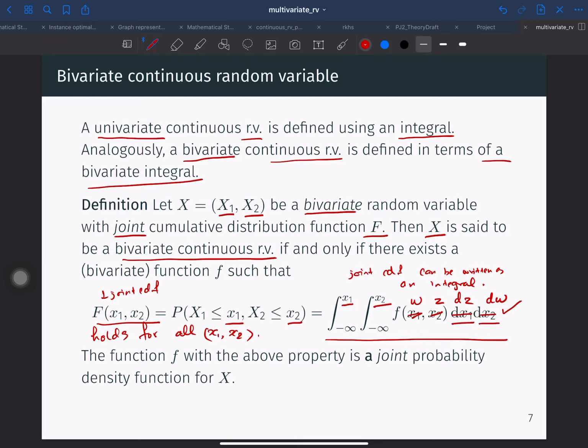So let's replace it like this. In any case, the function f with the above property will be referred to as a joint PDF. And the key word here is "a". If you remember in chapter 4, we talked about how there is no unique PDF in the case of a univariate continuous random variable.